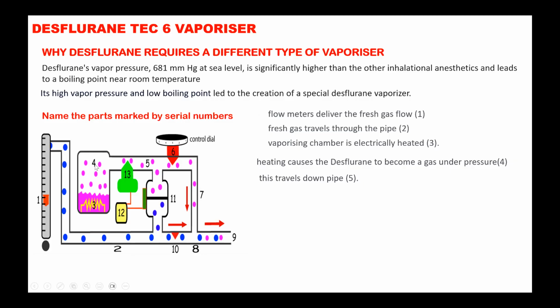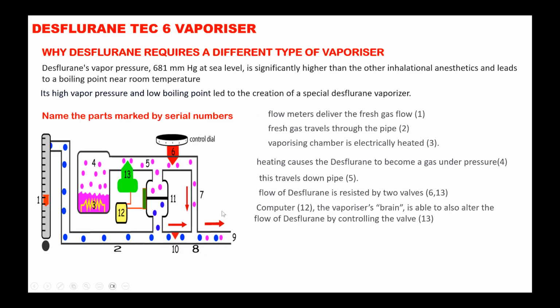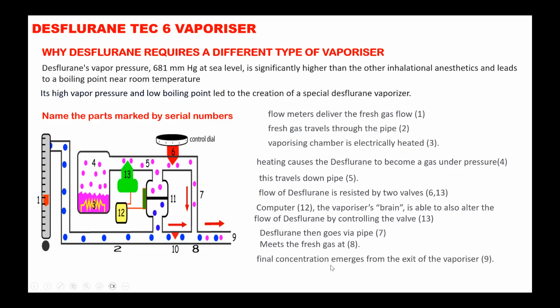Number 4 is the vapor that is formed, and 5 travels through this line, and 6 and 13 are the two resistors, two valves that are there, and 12 is the computer. The vaporizer has the brain. It is able to alter the flow of desflurane by controlling valve number 13, and desflurane goes through pipe number 7, and it meets the fresh gas flow at point 8, and the final concentration is delivered at 9.